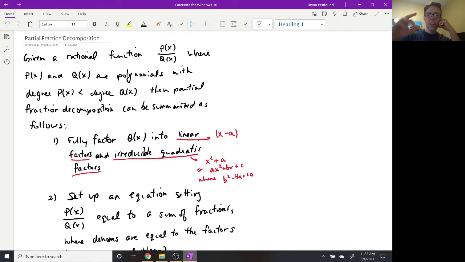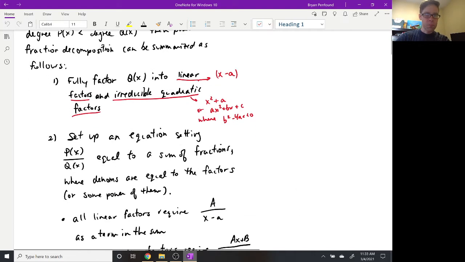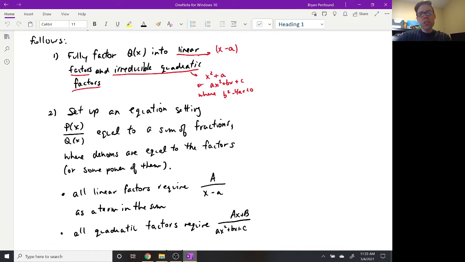If the numerator has an equal or larger degree, you're probably going to do long division first. And after you finish that procedure, then you can start working on the decomposition. And we decompose in a very specific way.